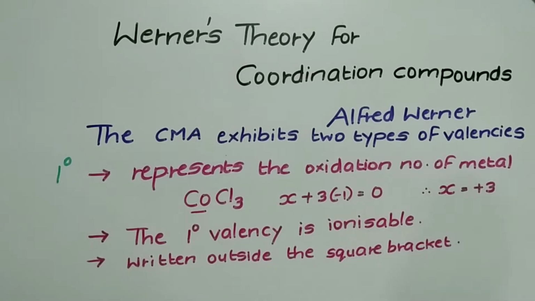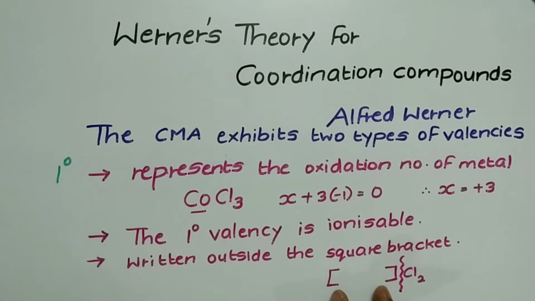Take any compound. Suppose Cl2 is written outside the square bracket. That means Cl2 is the counterion, so it is ionizable. When you dissolve this in any solvent, it splits into two.